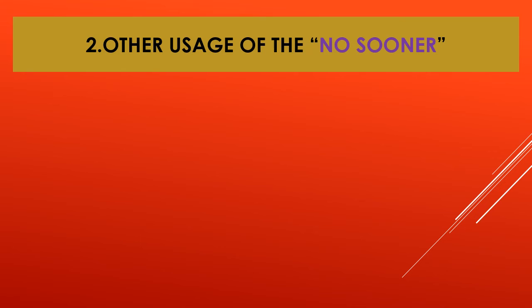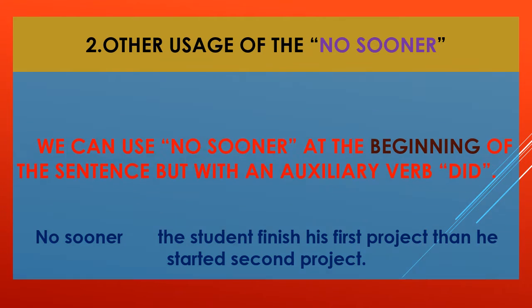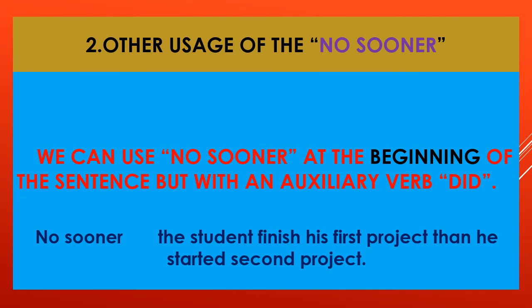Here, one more usage of no sooner. You know well, we have two auxiliary verbs that can be used together with no sooner, either had or did. In the place of had, we can also use did. How can we use that? Let us see here. We can use no sooner at the beginning of the sentence but with an auxiliary verb did also.